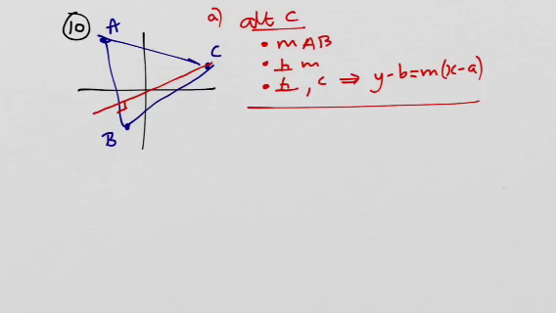Part B, find the equation of the median through B. So that's a line that goes through B and cuts this in half on this side here.